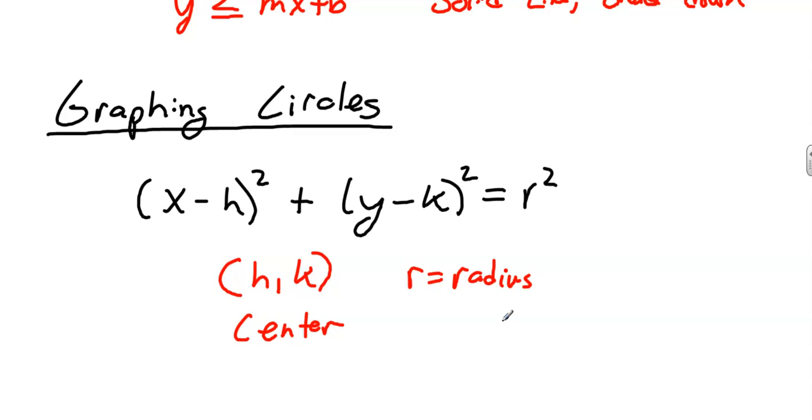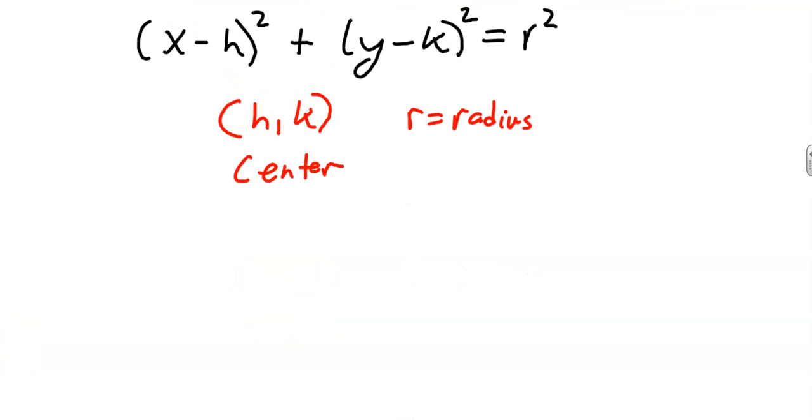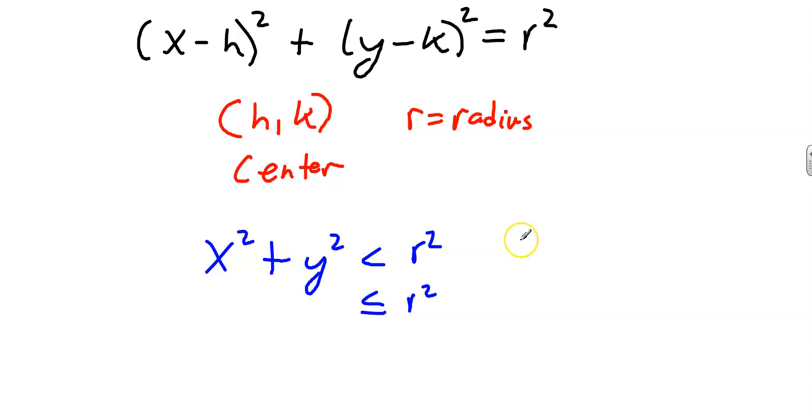Okay, now the one difference on these is that, again, we're doing inequalities. If you're graphing this part and it is less than, just for time's sake, we'll say that whatever the h and k are, that's fine. But as long as it's x squared and y squared, if it's less than or equal to r squared, this would be a dashed circle. This one will be a solid circle.